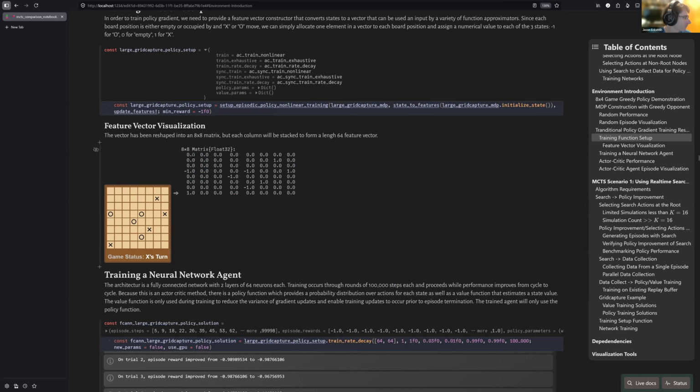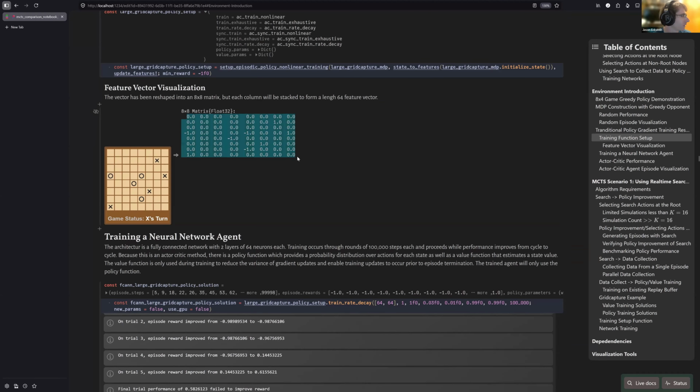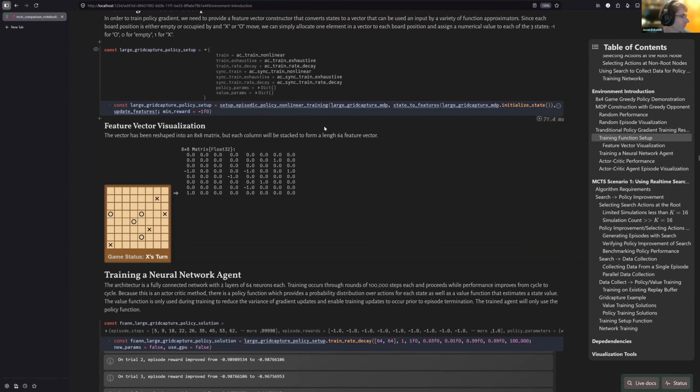And I'm just assigning a value to every position on the board. So empty squares are 0, O squares have a value of -1, and then the X squares have a value of 1. Okay, so yeah, the feature vector is very trivial.